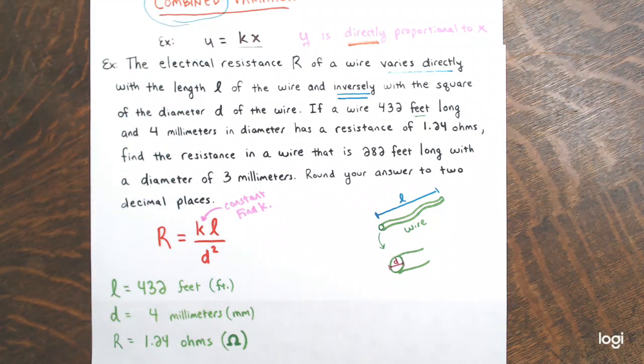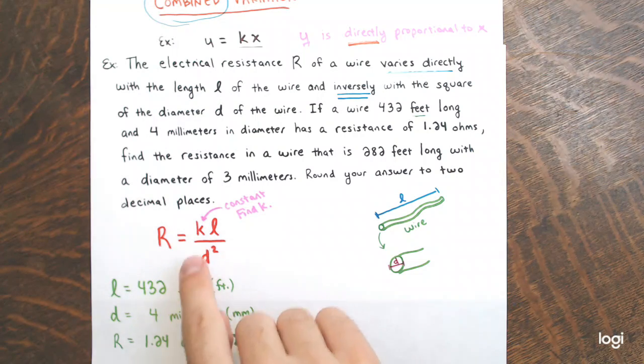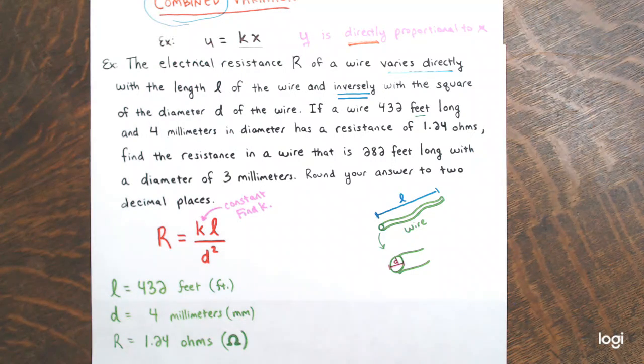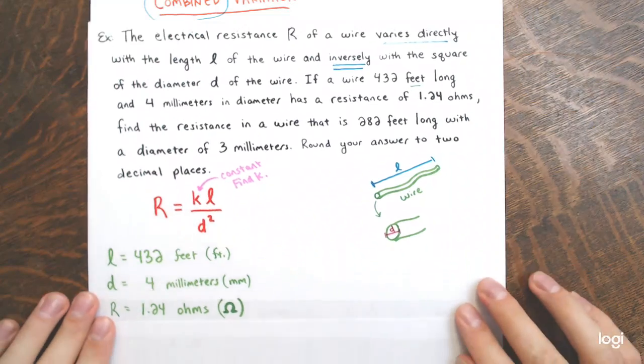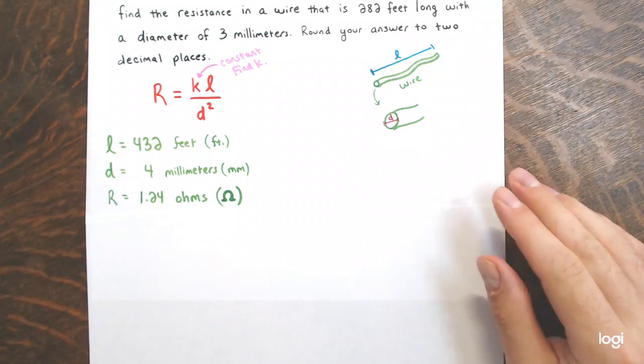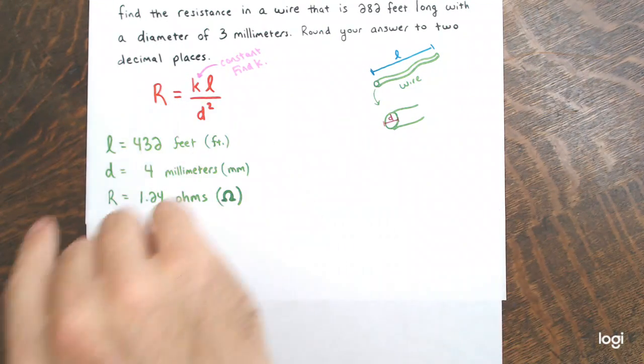All right, so what we're doing is using this information now to figure out what the constant k is, and then I can complete the equation. So I've got all this information. I'll just pop those into my variables.